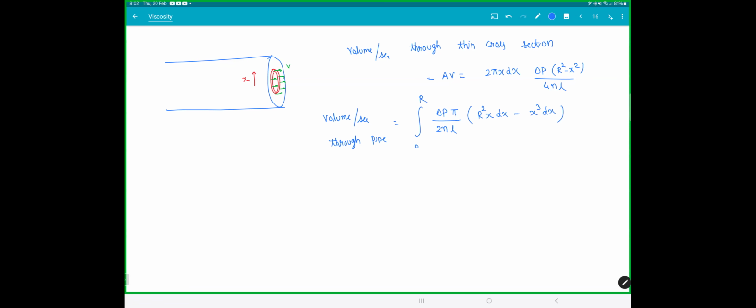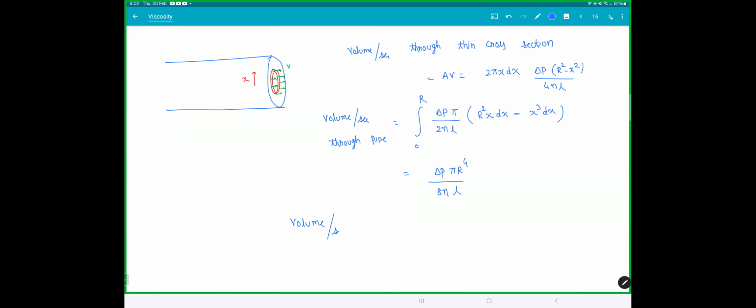Limits will go from 0 to r. That would be r square times r power 4 by 2 minus r power 4 by 4, that's r power 4 by 4. So we get delta P pi r power 4 by 8 eta L. You should remember this result.